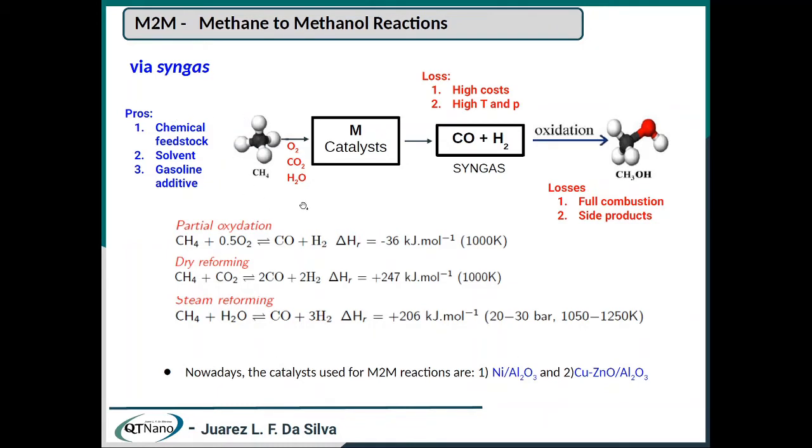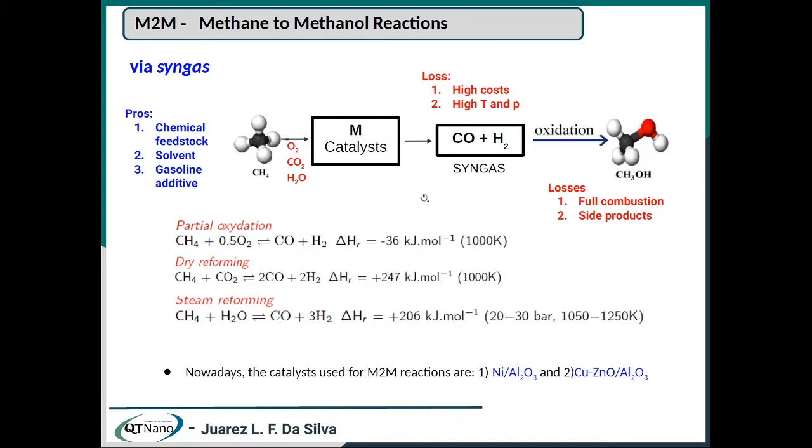Nowadays, methanol is obtained via the syngas, or synthesis gas, method, which is an indirect method, whereby methane is converted into syngas, which is carbon monoxide and molecular H2, at high temperature and pressure, with a high cost to maintain these plants.